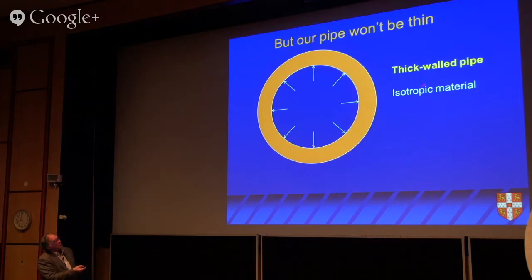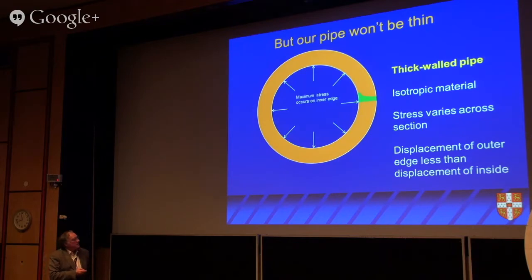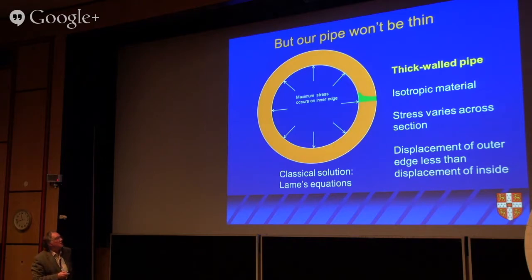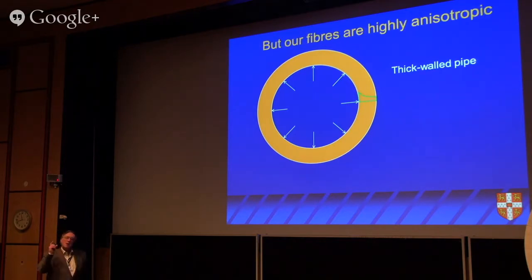So if you have a thick water pipe and you have an isotropic material, the stress varies across the cross-section. So it's bigger on the inner surface than it is on the outer surface. And this is well known. It's a classical solution derived in Victorian times. It's used for making gun barrels, pressure vessels, all of these are designed using this. But our materials aren't isotropic.